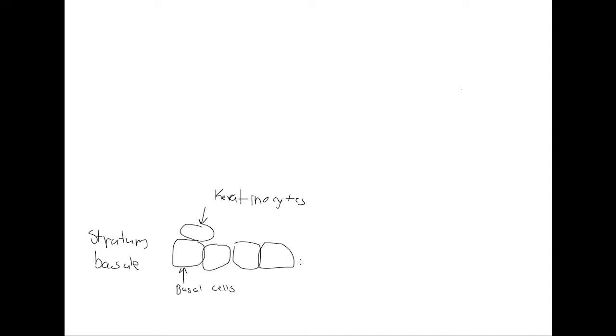Okay, moving on. The next thing that I want to talk about is called a Merkel's cell. So Merkel's cells. Okay? And I'll draw it like a circle. And these will actually have afferent nerves.